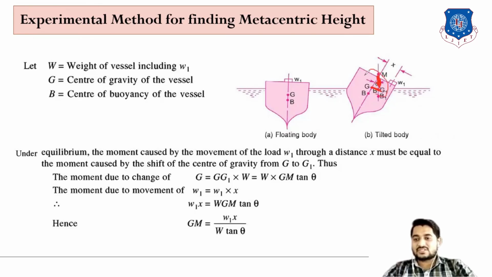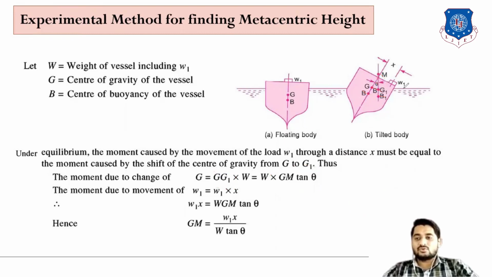If we draw this triangle at the outer side, this will be G, this is our G1, and this is our M, as shown earlier, this is the theta angle. This is the value of GM and this is G dash. So from this triangle, GG1 is equal to GM tan theta. So we can write this as W into GM tan theta.